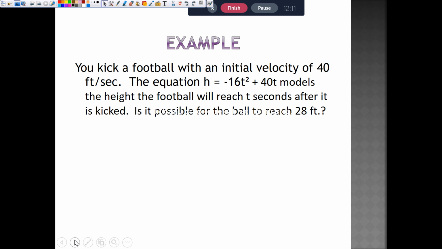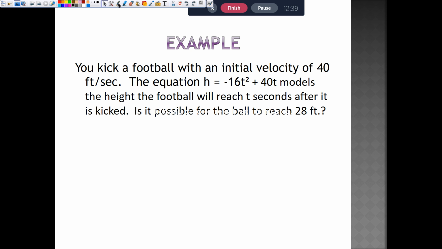So that equation, remember, was h equals negative 16t squared plus vt plus s, and we entered it in as a, b, and c. So this is the model that we're going to be using for this. It's the same thing as a, b, and c, okay?